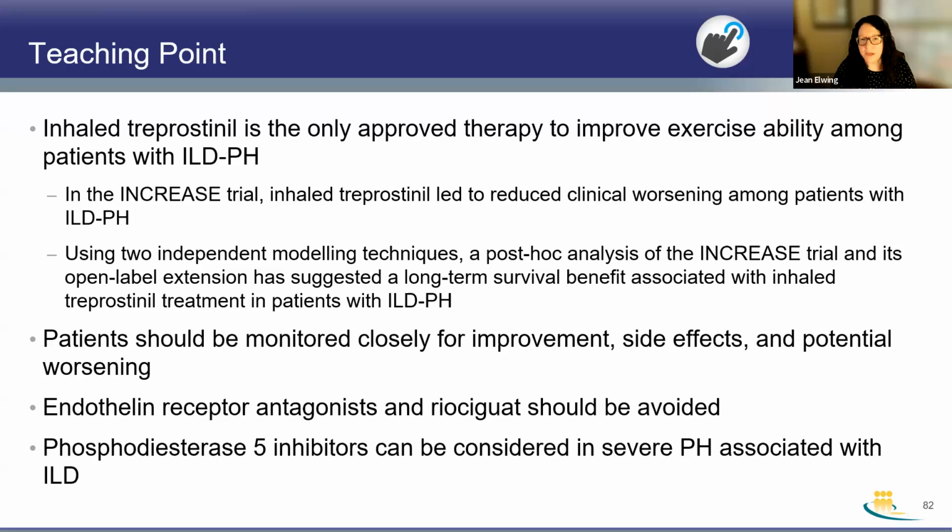Patients should be evaluated, monitored, side effects need to be addressed, and we need to watch for potential worsening. We need to avoid certain therapies that have been shown to have adverse effects like the ERAs and riociguat, and phosphodiesterase inhibitors could be considered in advanced patients that we care for or those patients that may not tolerate treprostinil or don't have it available to them.